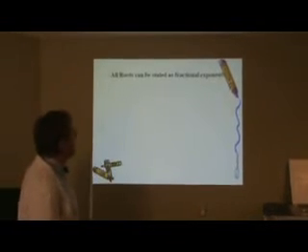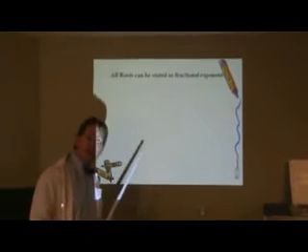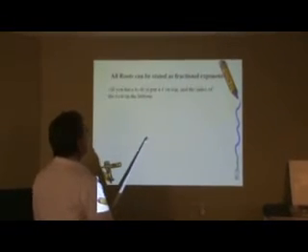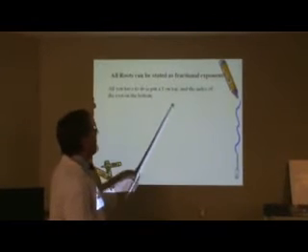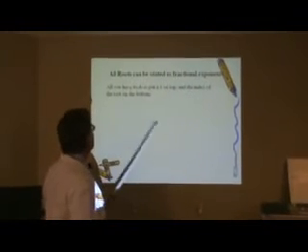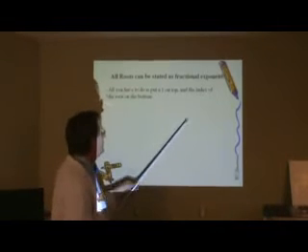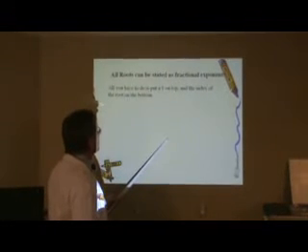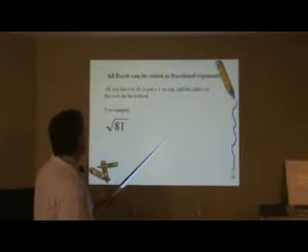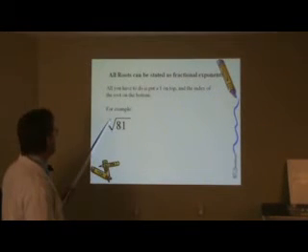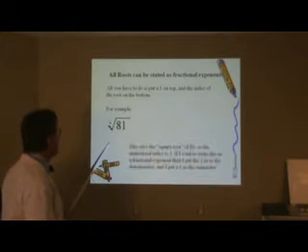Okay? All roots can be stated as fractional powers if we so choose. All I need to do is use a 1 for the top of the fraction, and I use the index of the root for the bottom of the fraction. I hope you know what I'm talking about when I say index of the root. That is to say, here we have the square root of 81. So there's an understood 2 to be there, right? The index of this is 2.